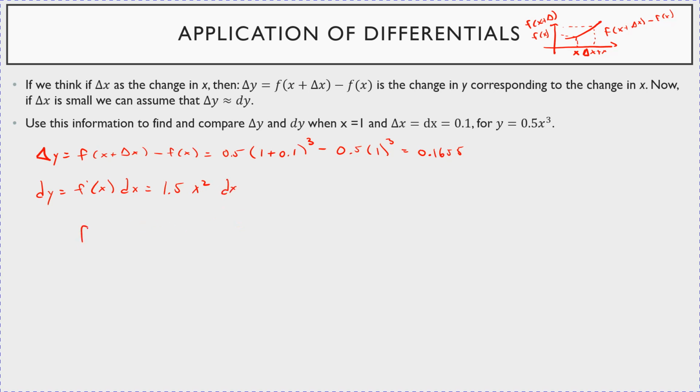Well, if I plug in 1 for x here, and also plug in 0.1 for delta x, you end up getting 0.15 if you plug this into your calculator. So you can see that they're pretty close. And what'll happen is as you decrease delta x, it gets smaller and smaller, closer and closer to 0, these two numbers continue to converge.